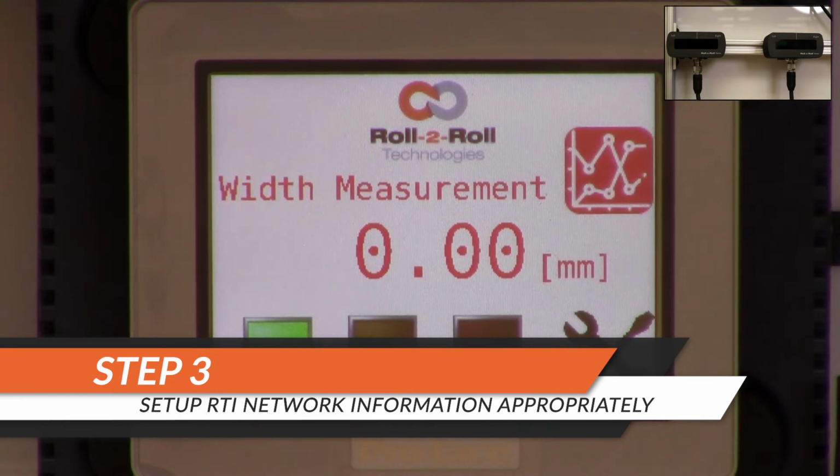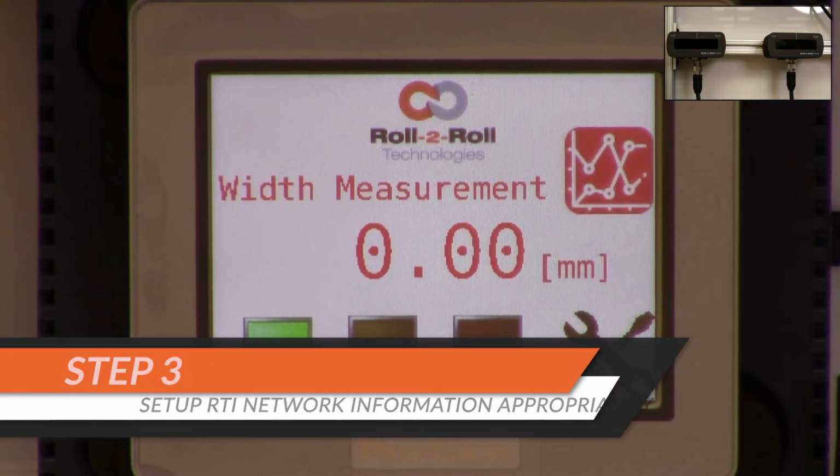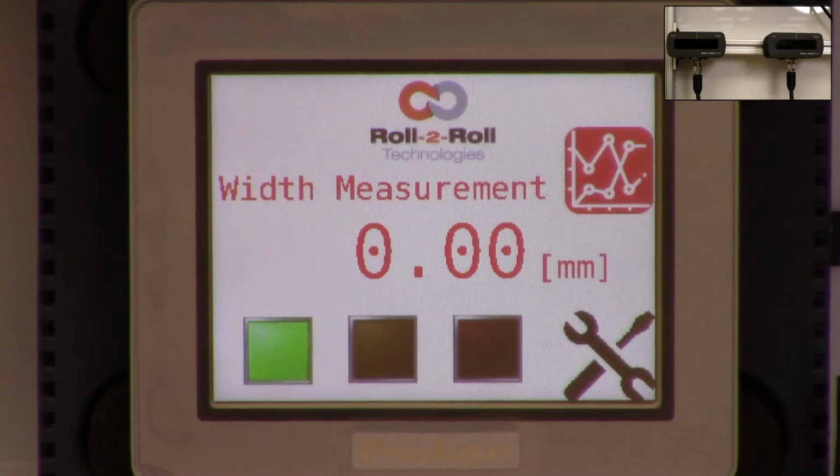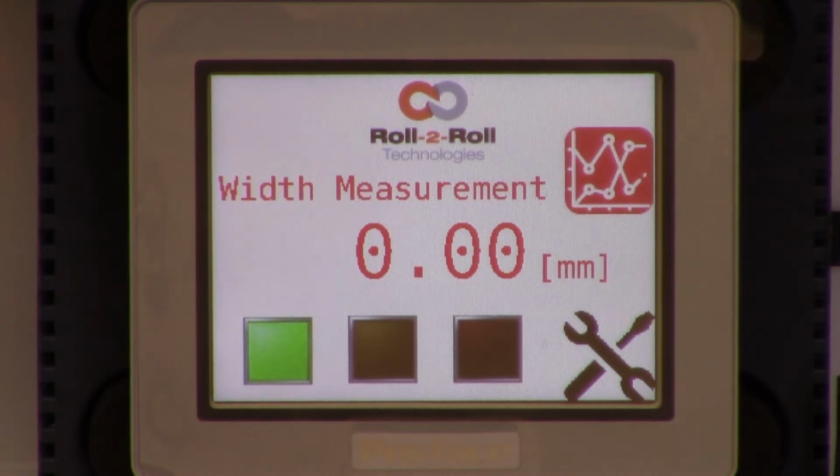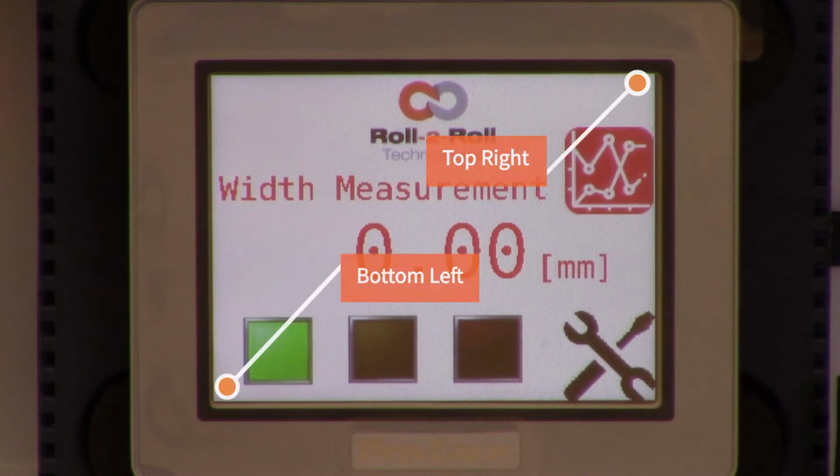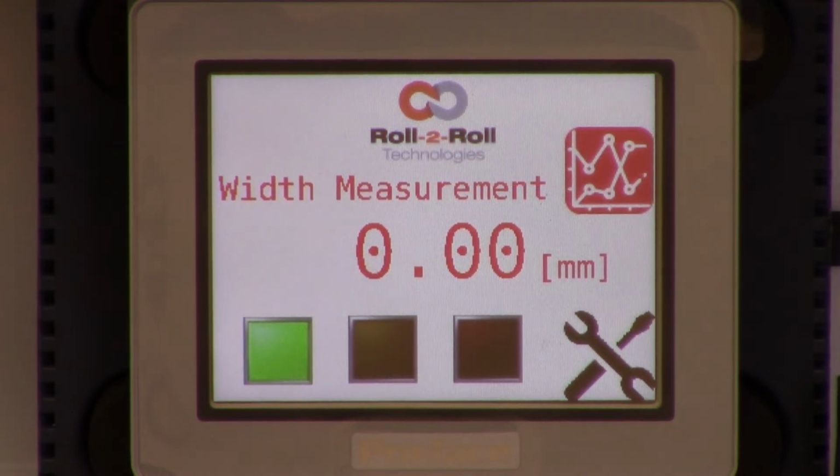The easiest way to make sure what the PLC network information is and what the IP address for the PLC is, is done by actually pressing on the top left, the bottom left, and the top right corner of the PLC several times.